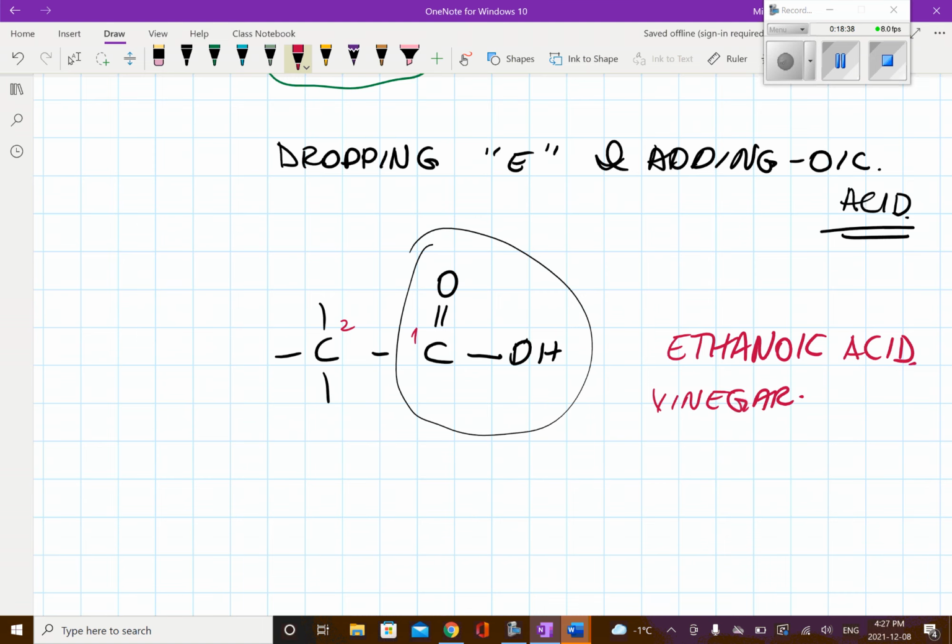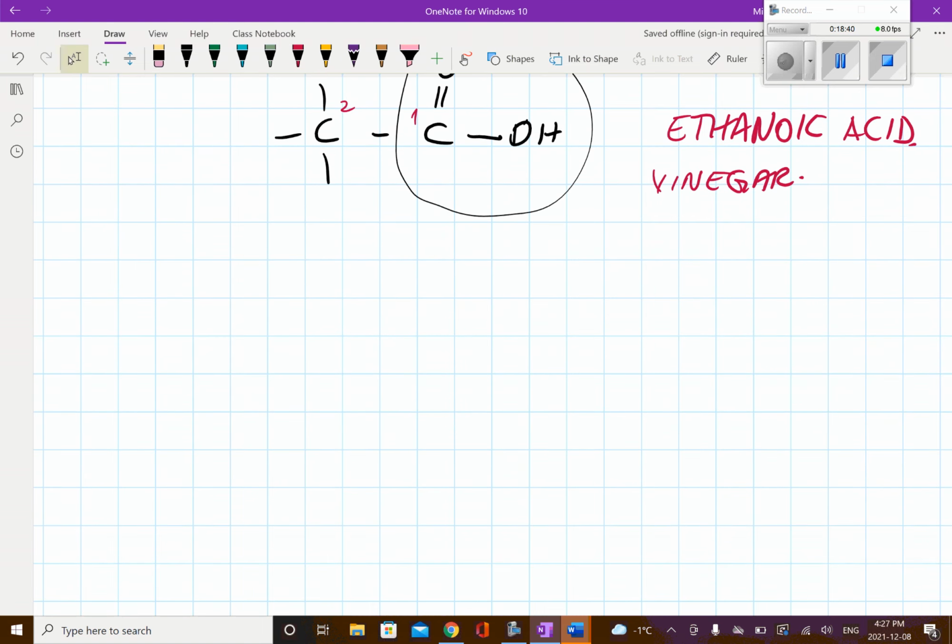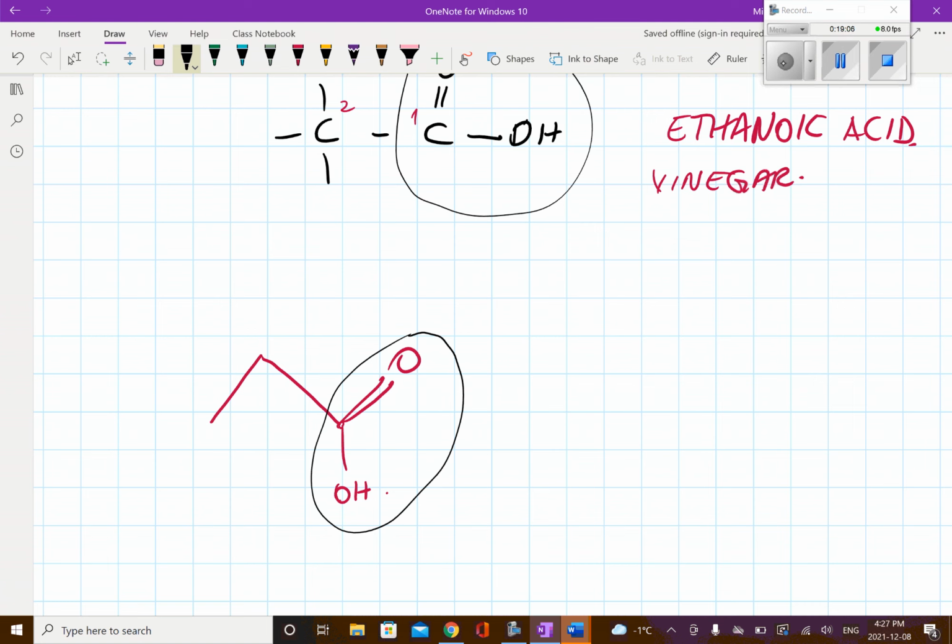Okay, so let's suppose that we have now something like this, a line diagram. So let's number the carbons. This is a carboxyl group, the functional group, so it will be 1, 2, 3.